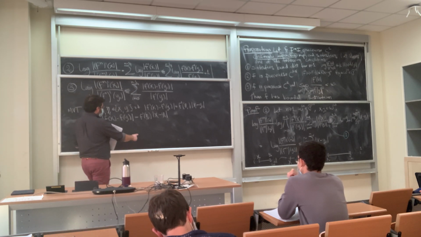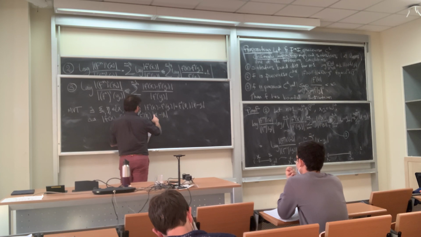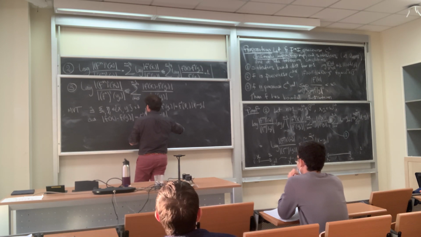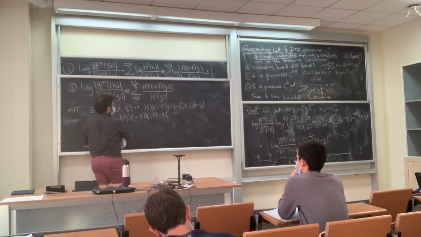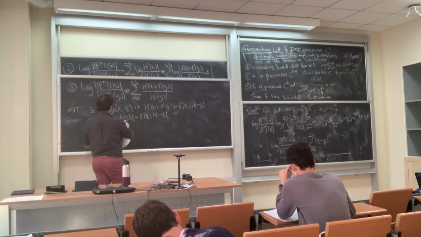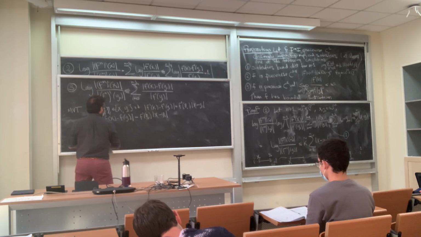Okay, and what I'm going to do is substitute this into here, right? So this is f of xi minus f of yi over f prime.